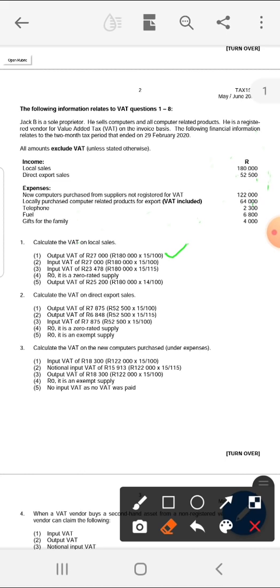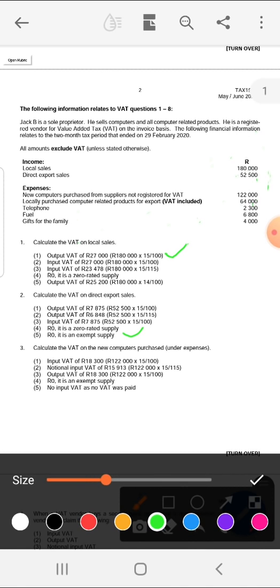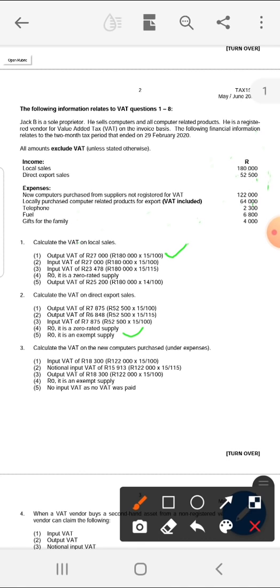So for direct export sales, it is 0 rated, so the correct answer there will be option 4.